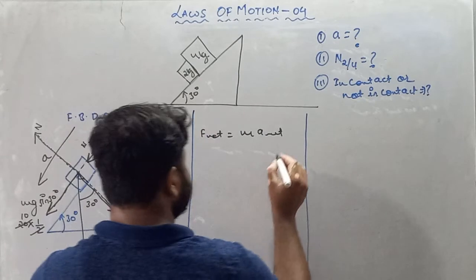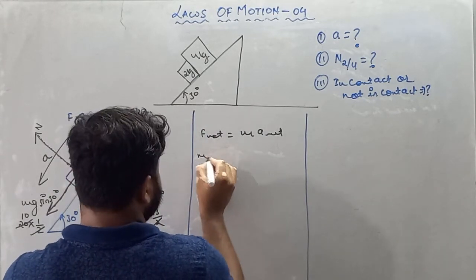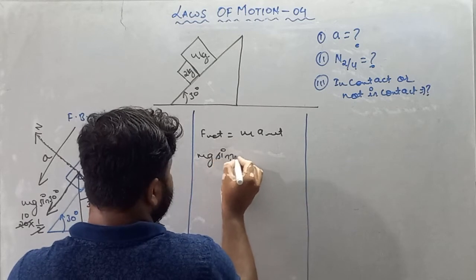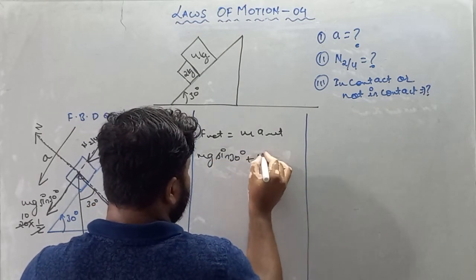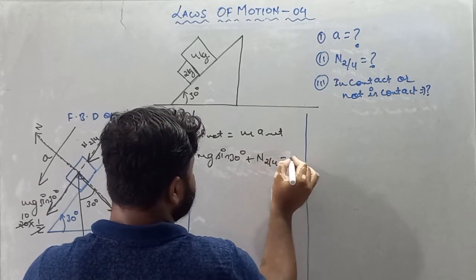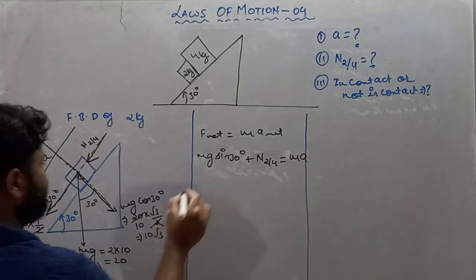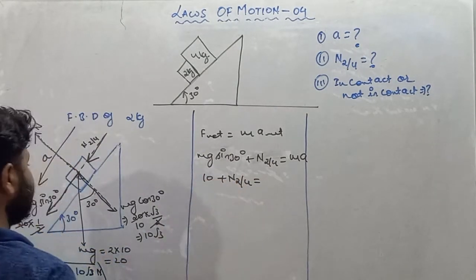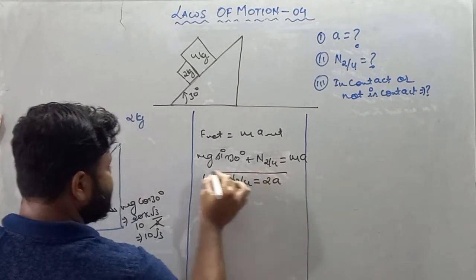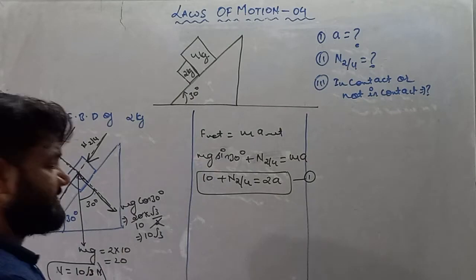So it is mg sine 30 plus normal on 2 due to 4 equals ma. Mg sine 30 means 10, plus normal on 2 due to 4 equals ma. M is 2 and acceleration is a. Let's suppose this equation to be the first equation.